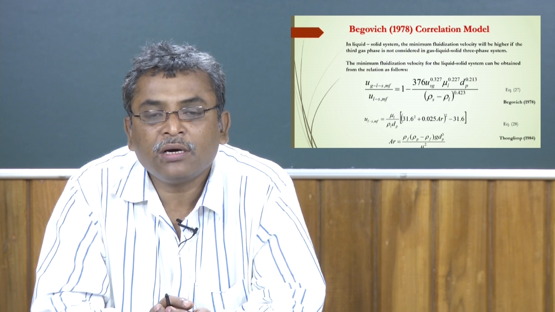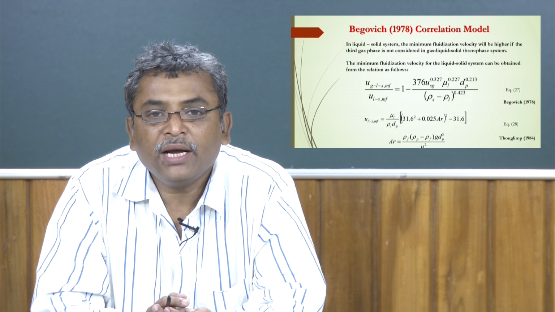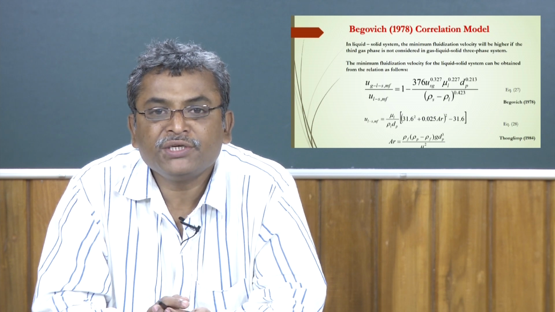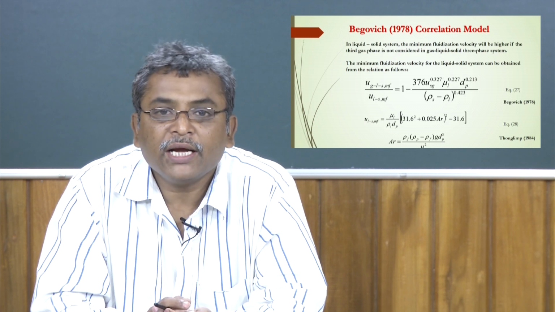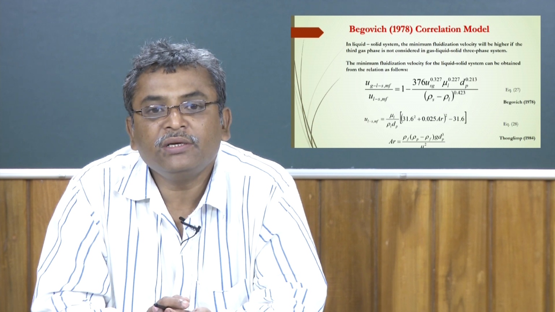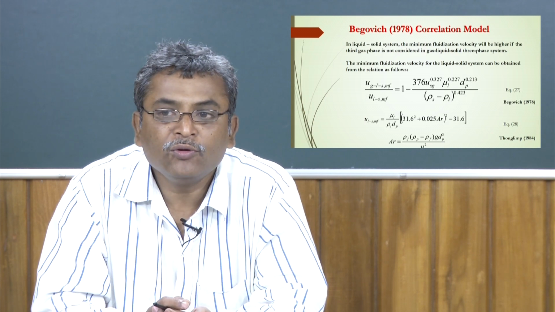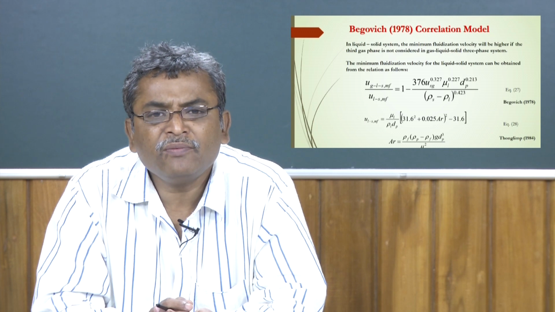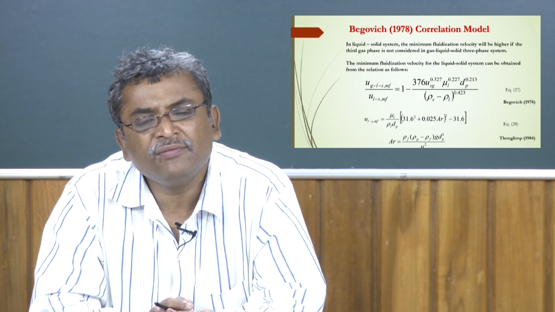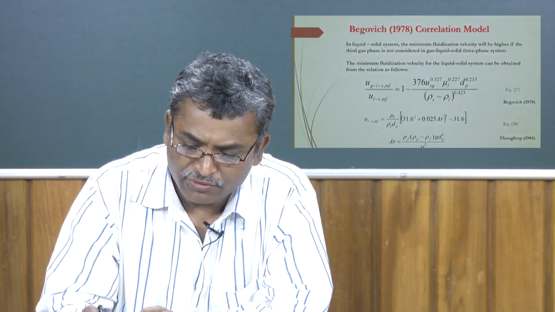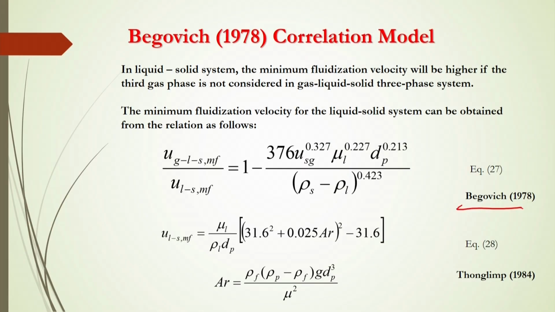In this case, the liquid, gas and solid system, the minimum condition can be obtained from those gas and solid and liquid and solid system also. If you know the two phase minimum fluidization condition, you can obtain the three phase fluidization condition by this equation of Begovich by this equation here.